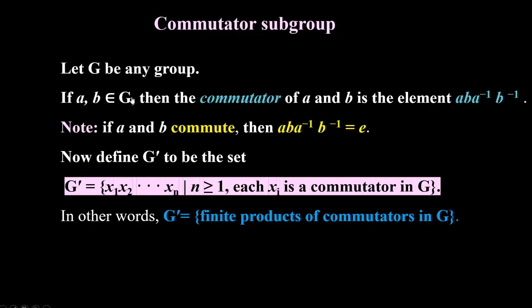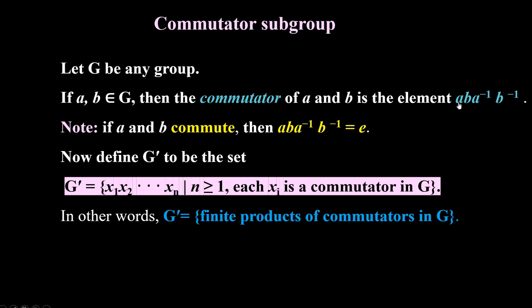Now we have the definition of the commutator subgroup of a given group G. So let G be the given group, and you consider two elements a and b in G, then the commutator of a and b is the element a, b, a inverse, b inverse. So you have the product of these four: first a, b, a inverse, b inverse.